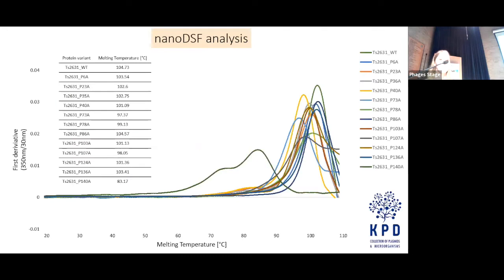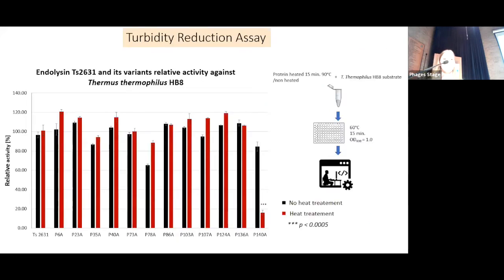So at first, nanodifferential scanning fluorimetry analysis. We could observe that only one protein variant, proline substituted at position 140, had a significantly lower melting temperature. But it is not so easy to say what melting temperature really matters in that way, so we have to perform more experiments. We also measured the activity of this enzyme with a turbidity reduction assay.